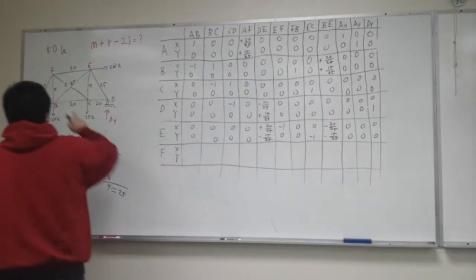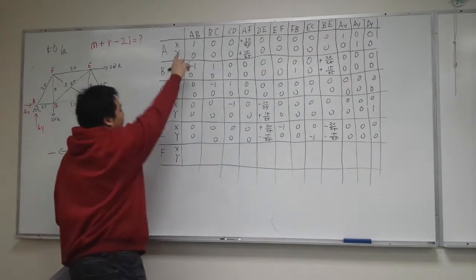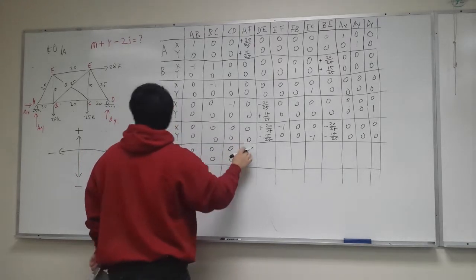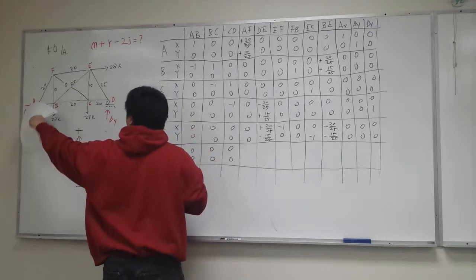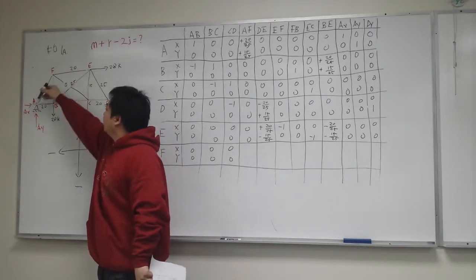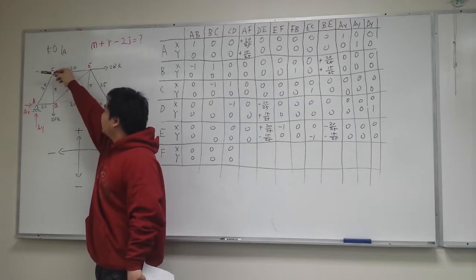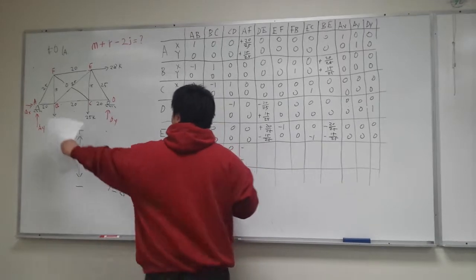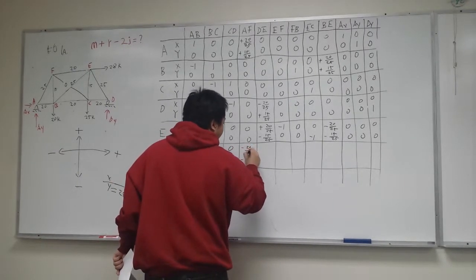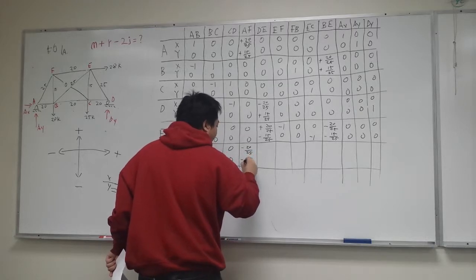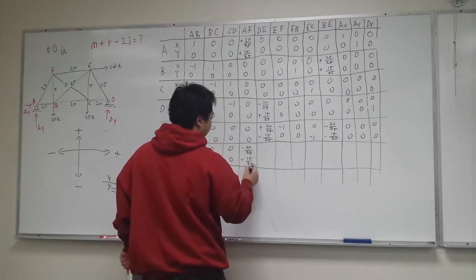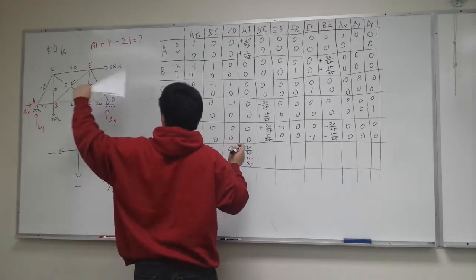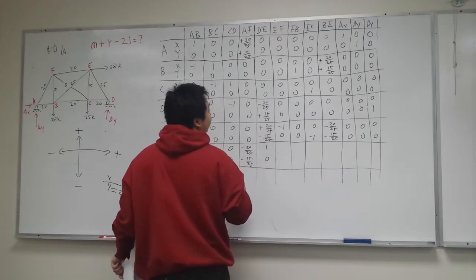And the last one, point F. Point F had nothing to do with AB, so 0. AF, F to A, going this way. So when you convert this into x and y, x is negative, y is negative. So negative, negative. For x is 20 over 25 and for y is 15 over 25. FE, F to E, going this way, so it's positive, 1, 0.